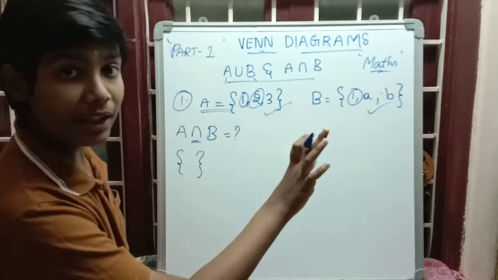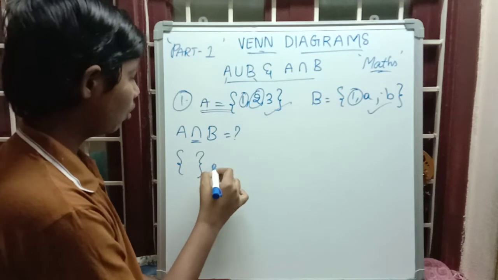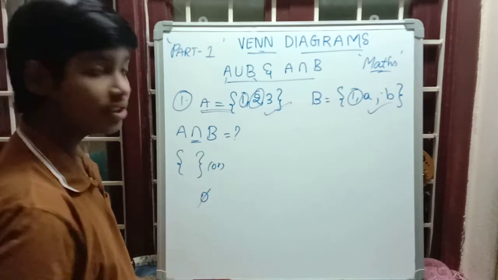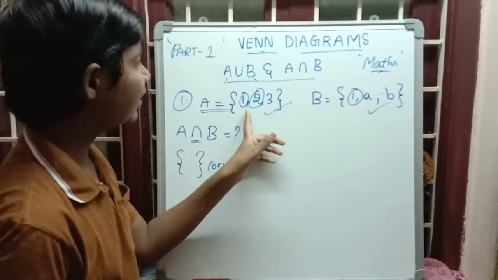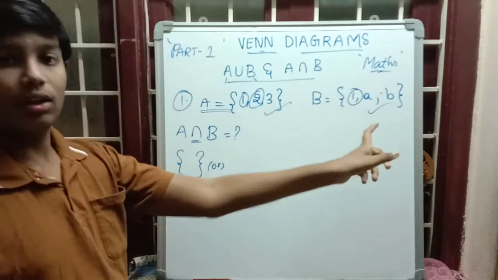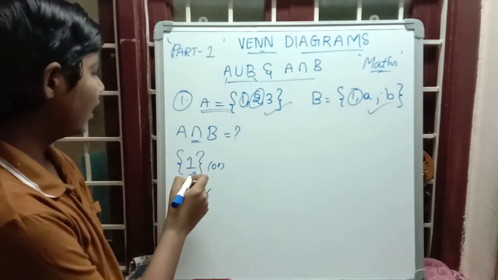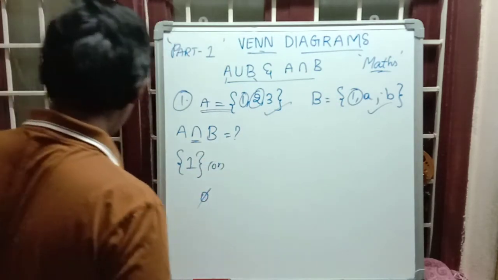If there is no common element, it is an empty set. But here there is a common element called 1. So A intersection B is 1.